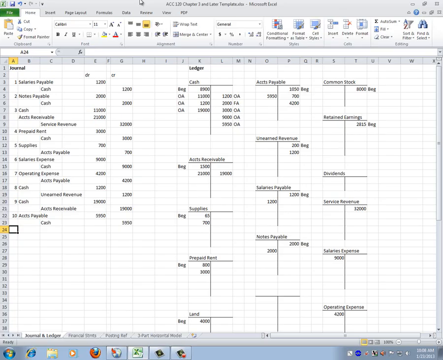Number 11, we pay $1,800 of advertising expenses for the year. We record expenses with those left side entries called debits. And to reduce the cash asset, a right side entry called a credit, $1,800.